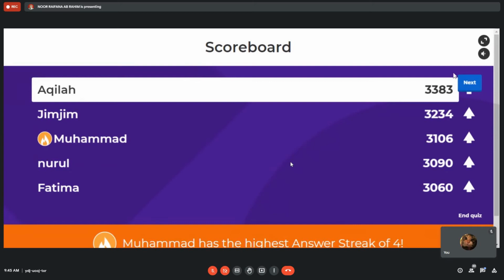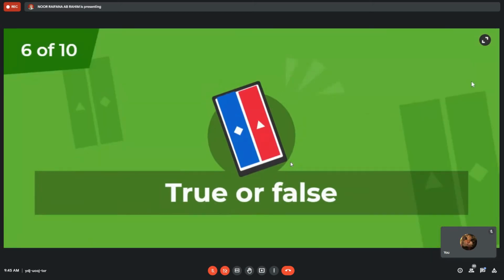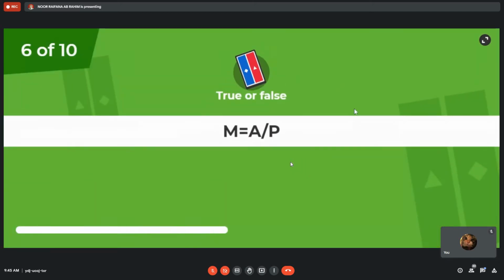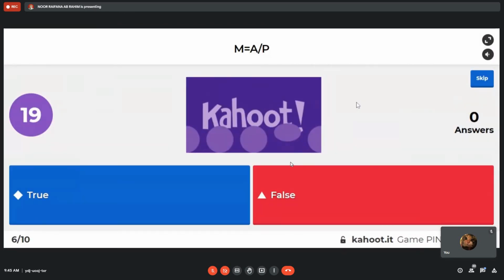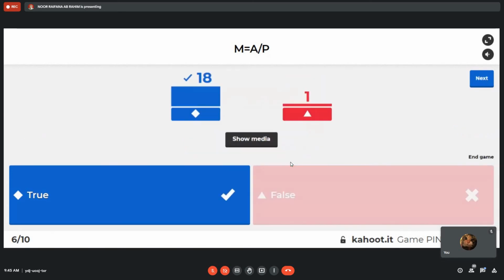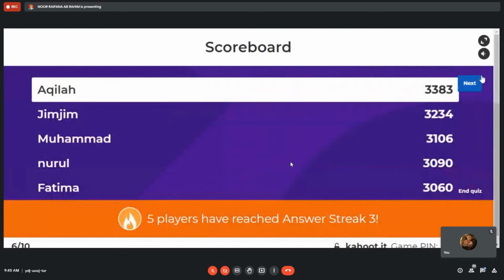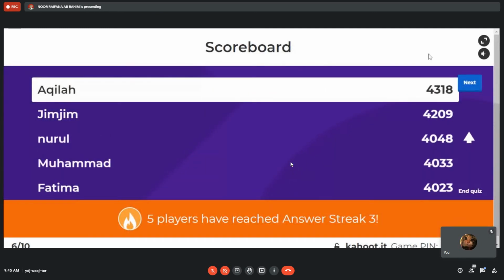Ni betul sebab faham ke main hentam ya? Okay, very good. Siapa yang salah ni? Sabar je lah.